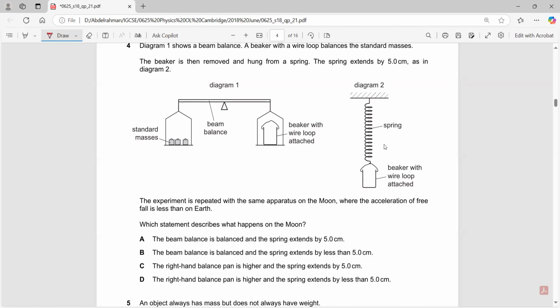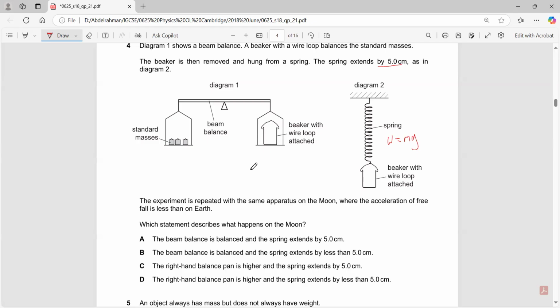So, on Earth, the spring extends by 5 centimeters. And we know that in Hooke's law, the force and extension are directly proportional. The force is the weight; on Earth, weight equals mg. G, gravitational acceleration on Earth, is 9.8 meters per second squared. On the moon, it's much less. So on the moon, the weight would be much less, and therefore the extension on the moon would be less.